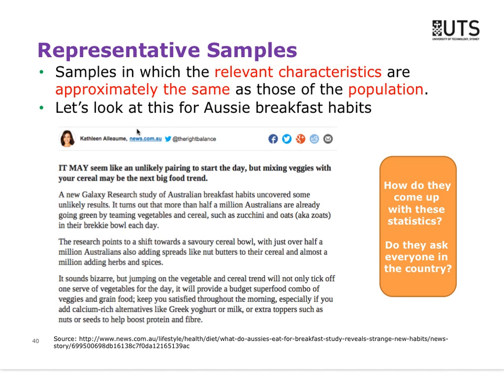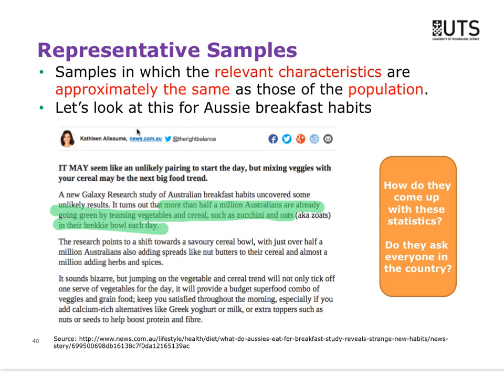So here comes an article from a newspaper, and it says more than, and this is ridiculous, more than 500,000 Australians are going green by teaming vegetables and cereal such as zucchini and oats in their breakfast bowl every day. How many people did they talk to get this figure that 500,000 Australians are adding vegetables into their cereal?